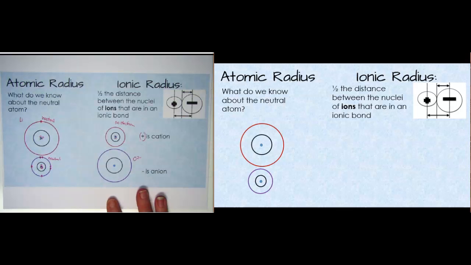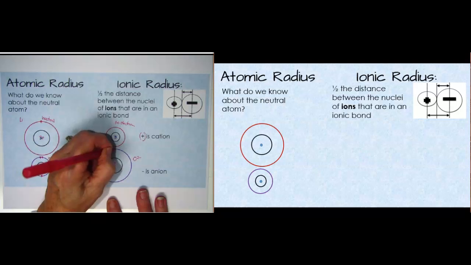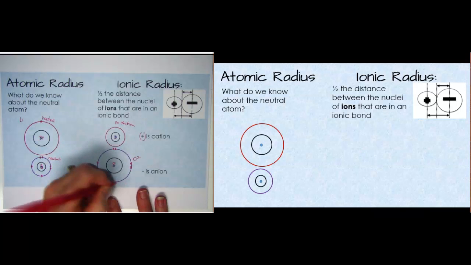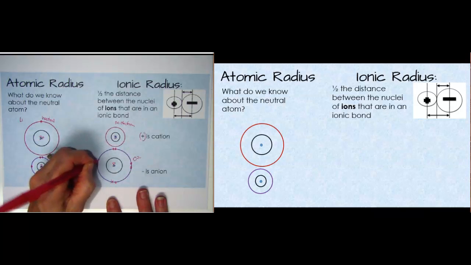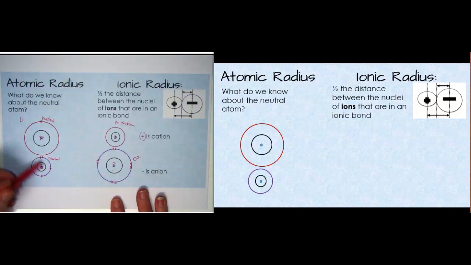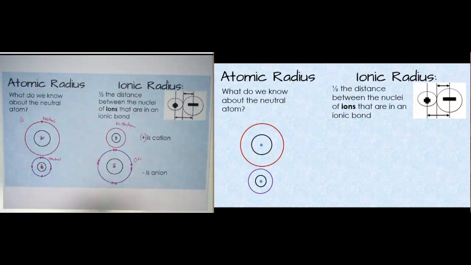That means we added 2. We still only have 8 protons working here, but now those 8 protons are trying to hold on to 8 electrons. It's harder for 8 protons to hold on to 8 electrons than it is for 8 protons to hold on to 6 electrons.